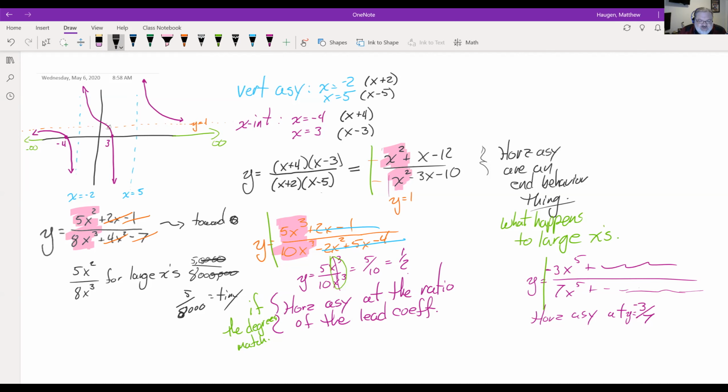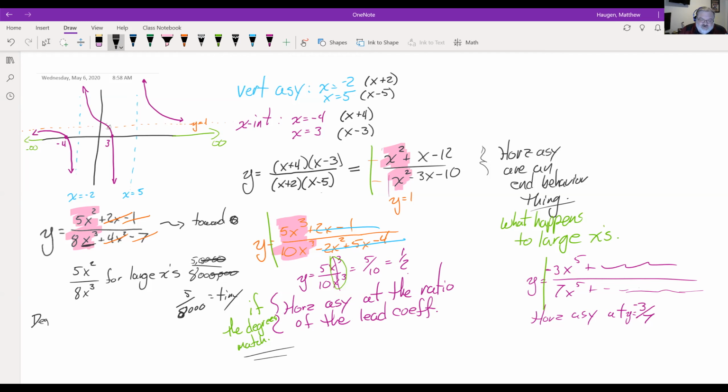So because the denominator is of higher degree, because the denominator is stronger, the denominators are going to be higher values in the ratio. High values in denominators make us small, make us go towards 0. So this ratio of the lead coefficients happens if the degrees match, but what if the degrees don't match?